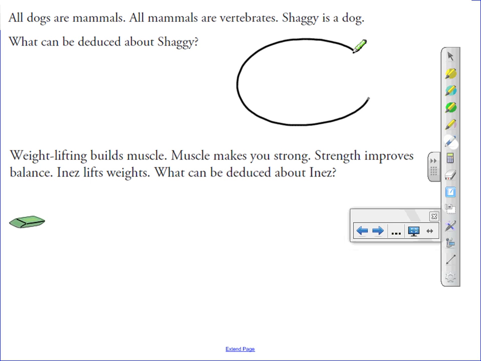And so I'm going to draw a circle here, and I'm going to say that with the situation here, we have dogs are mammals, and then all mammals are vertebrates. So let's let this circle be vertebrates. No, that doesn't make sense, does it?